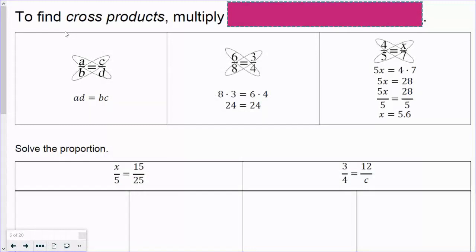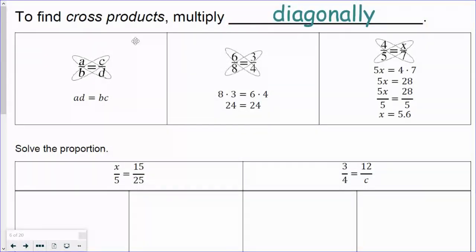To find cross products, we are multiplying diagonally. We want to take the numerator from one fraction and the denominator from the other and multiply them. And whatever their product is should equal the same as the other product that we go across.